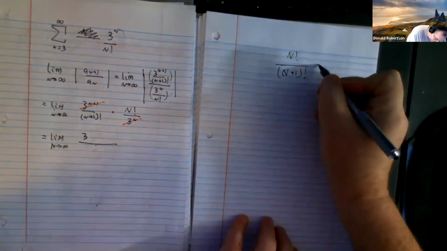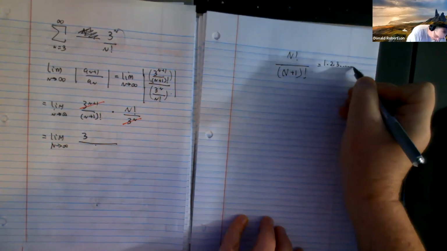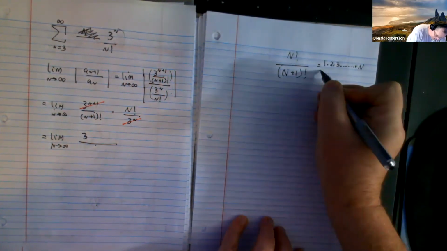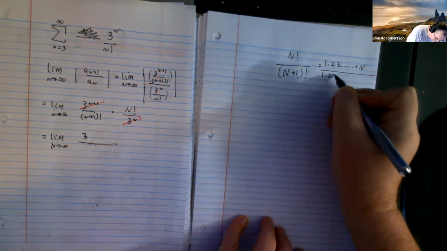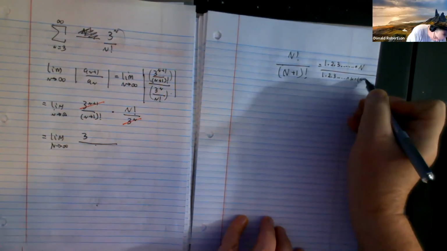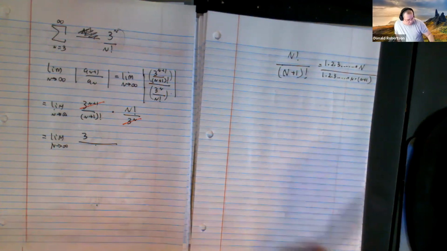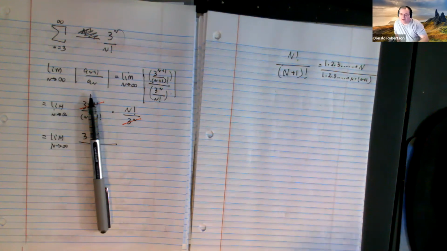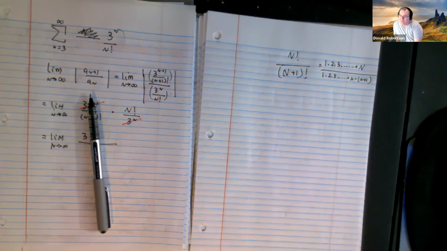If you think of n factorial as being 1 times 2 times 3 all the way to times n, and if you think of n plus 1 factorial as being 1 times 2 times 3 up to n plus 1, can you see how the cancelling is going to work? When factorials are fighting against each other, don't you get an awful lot of cancelling?